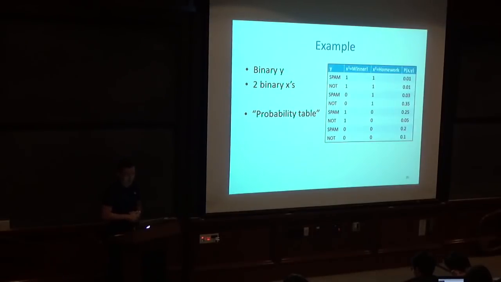So in the simplest case, the x and y's are binary. Here's an example of x, y's being binary. And again, I'm using the probability table representation. Can anyone tell me what might go wrong with this representation as the data set becomes large?